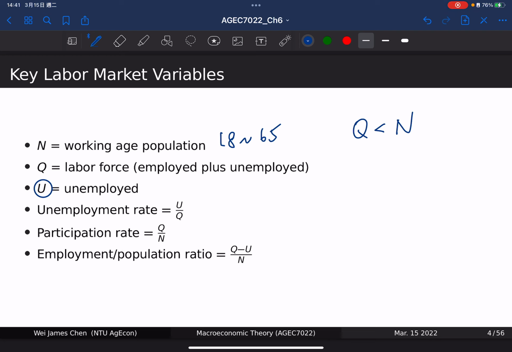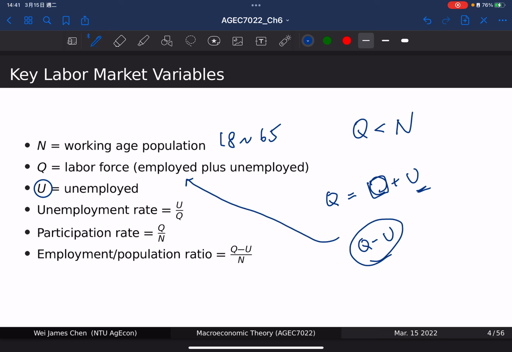And since the labor force is employed plus unemployed, and we know this is U, employed is simply Q minus U. So we don't really need a variable for that.